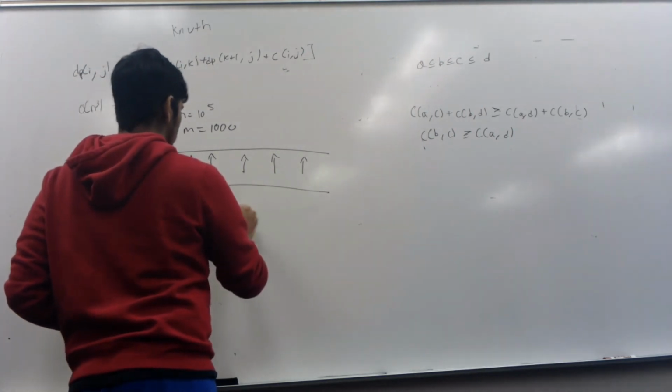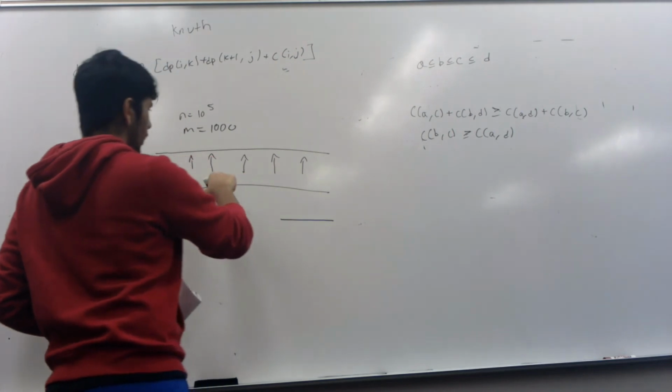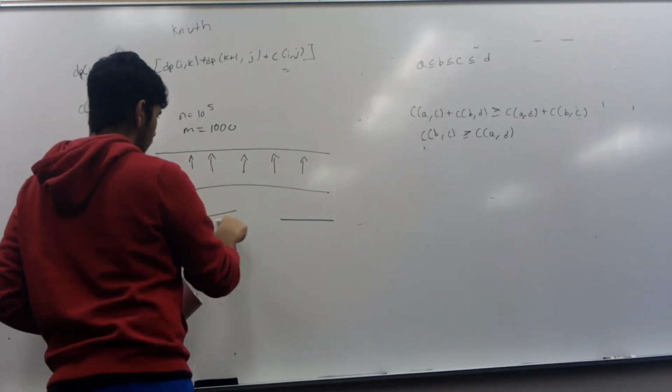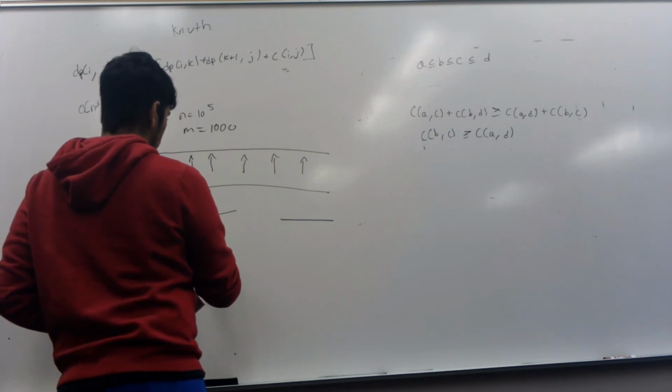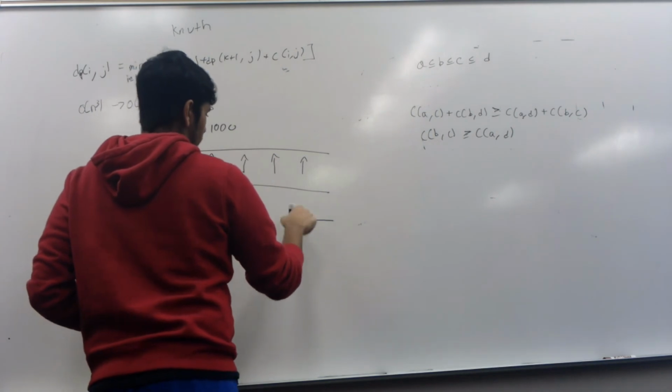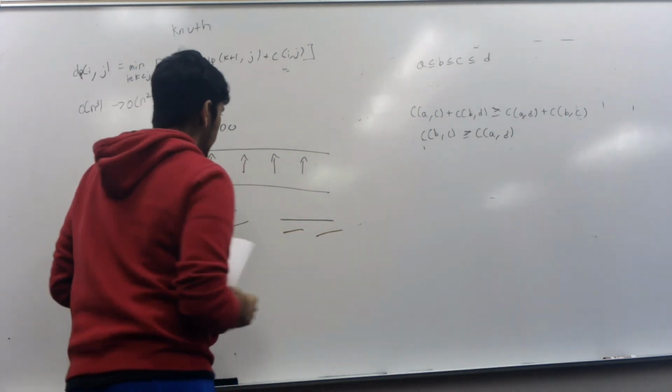Then we split it into two. If we cut it here again, the cost will be this, and then we split it here. And if we split this over here, the cost is this entire thing, and then we split it here, and we just carry on.